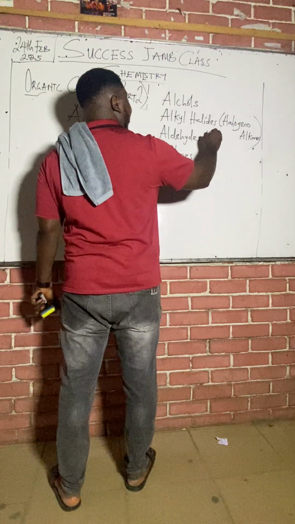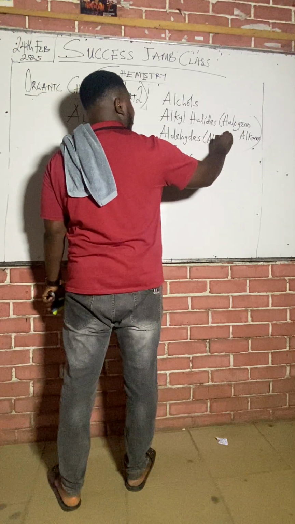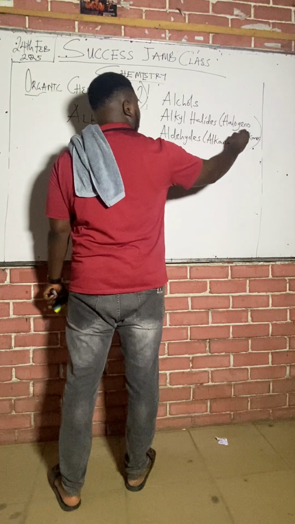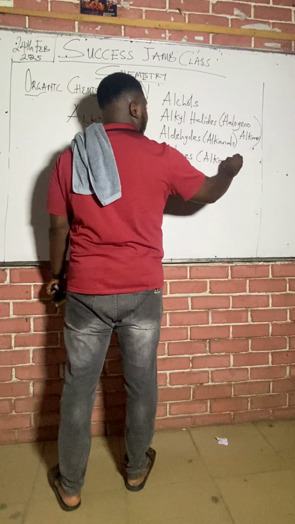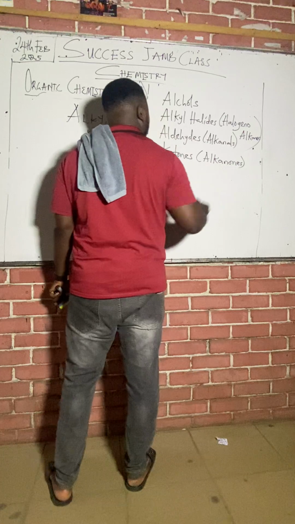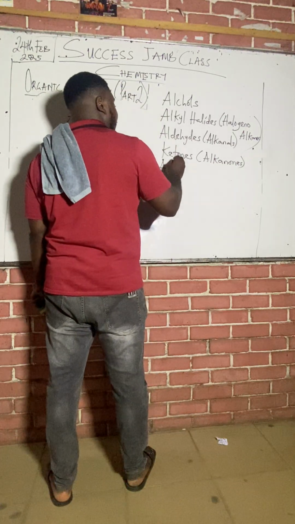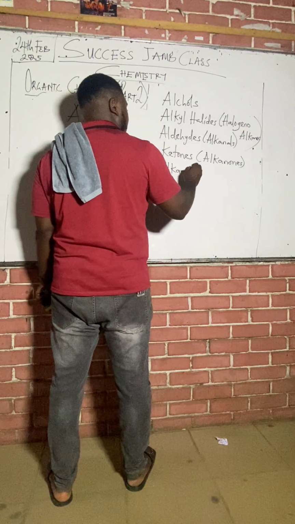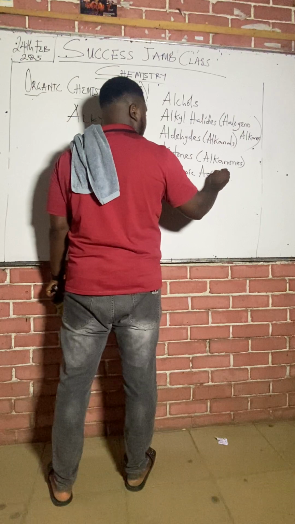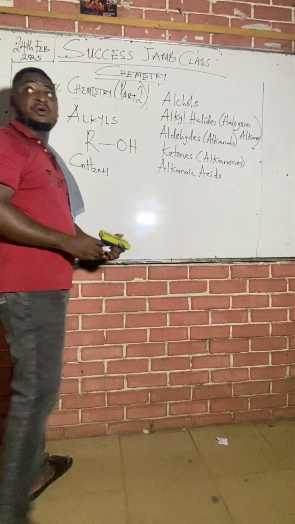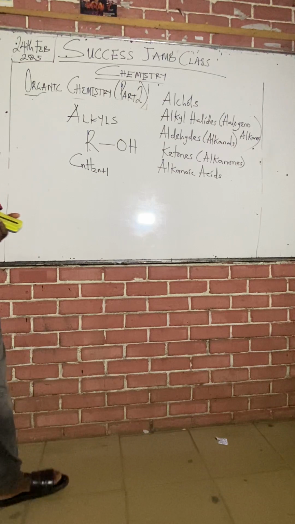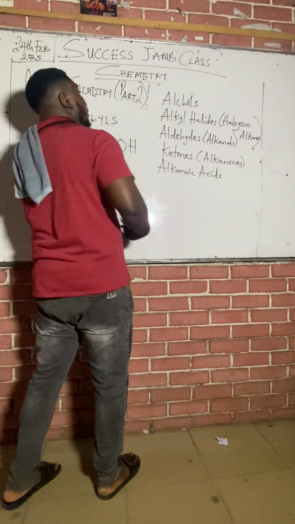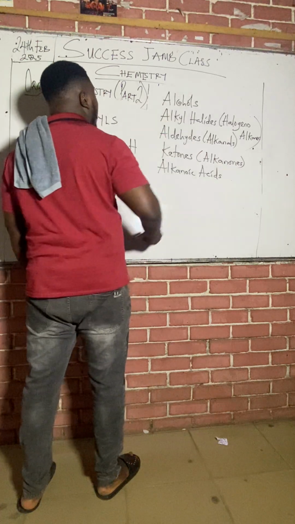Aldehydes are also called alkanals. Ketones are called alkanones. We have alkanoic acids. Alkanoic acids. Alcohols. Alcohol.